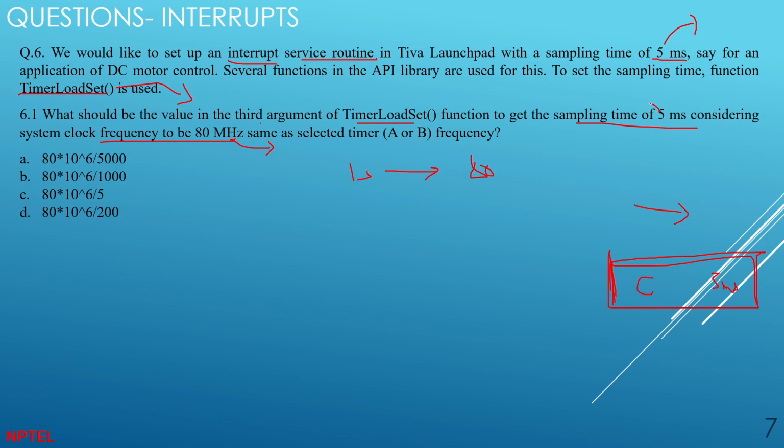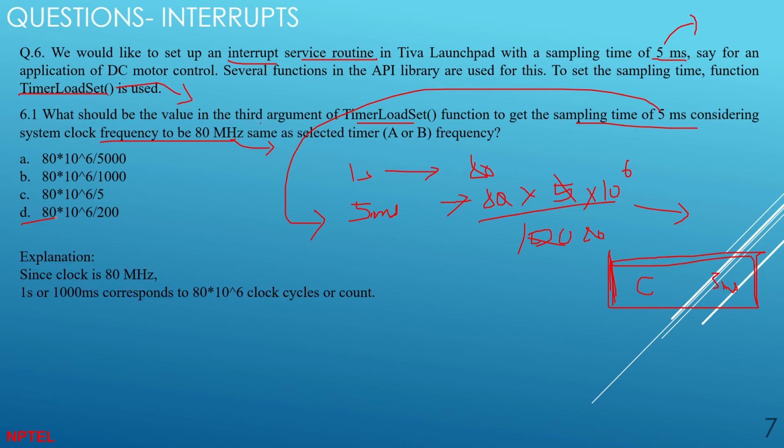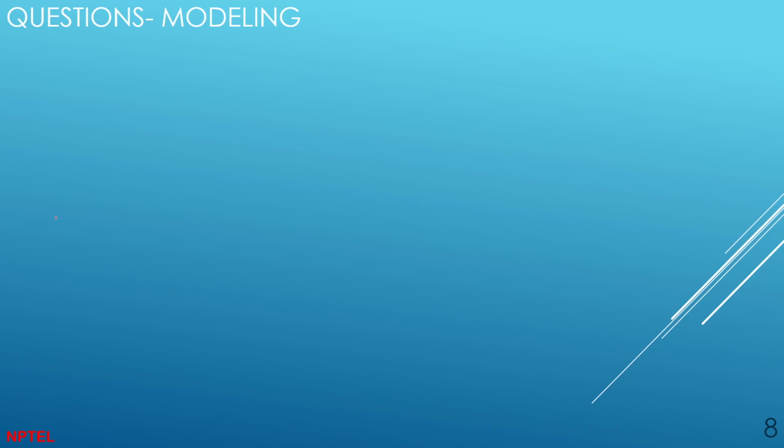But we want only up to 5 milliseconds. So 80 into 10 to the power 6, times 5 milliseconds converted into seconds. I think the answer is 400,000.